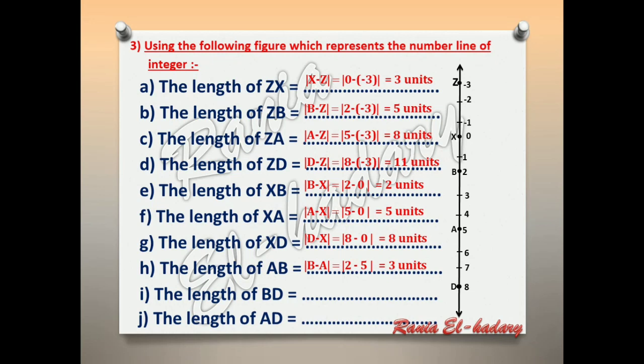Letter I, the length of BD equals the absolute value of D minus B. 8 minus 2 equals 6 units. Letter J, the length of AD equals the absolute value of D minus A. 8 minus 5 equals 3 units.